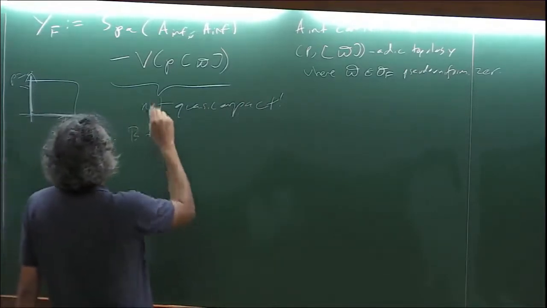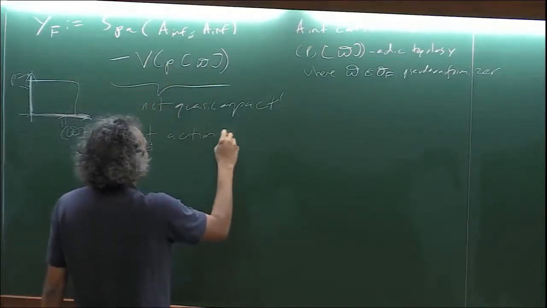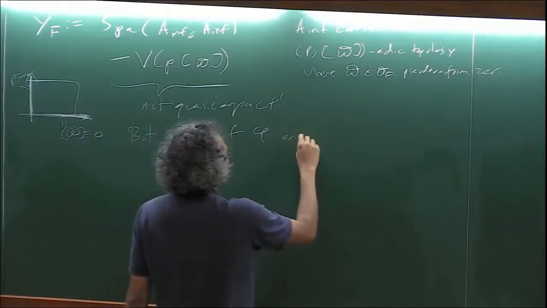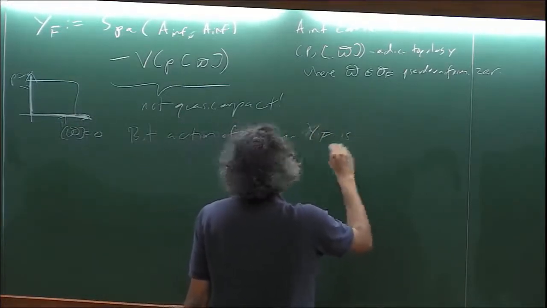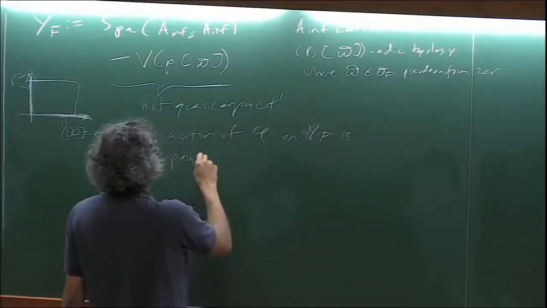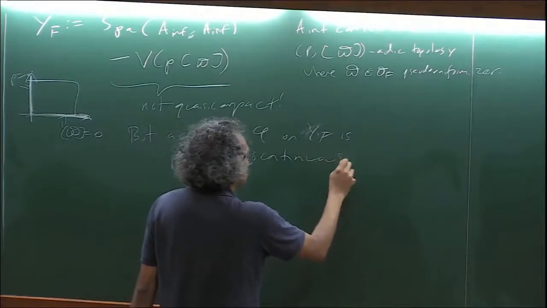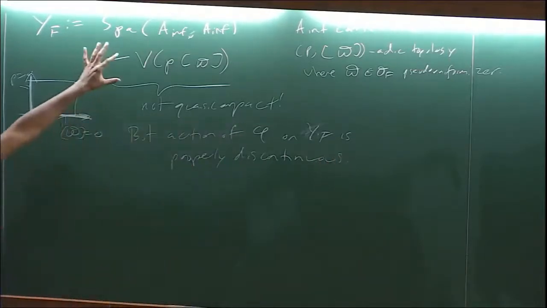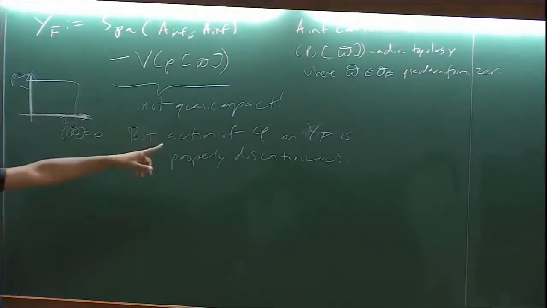But the reason I took these axes out is that the action of phi on YF is properly discontinuous. Meaning that every point has a neighborhood which is disjoint from all of its translates.